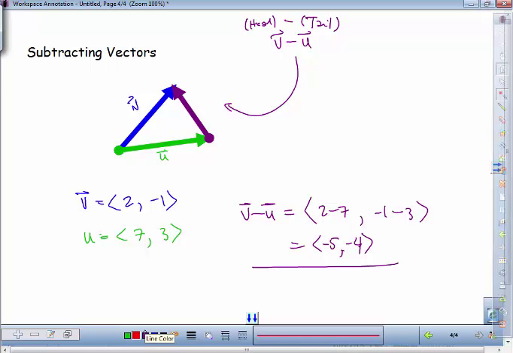To follow up on the comment about switching the order, if you did switch the order, numerically you would have 7 minus 2, comma, 3 minus negative 1, which is going to be (5, 4).